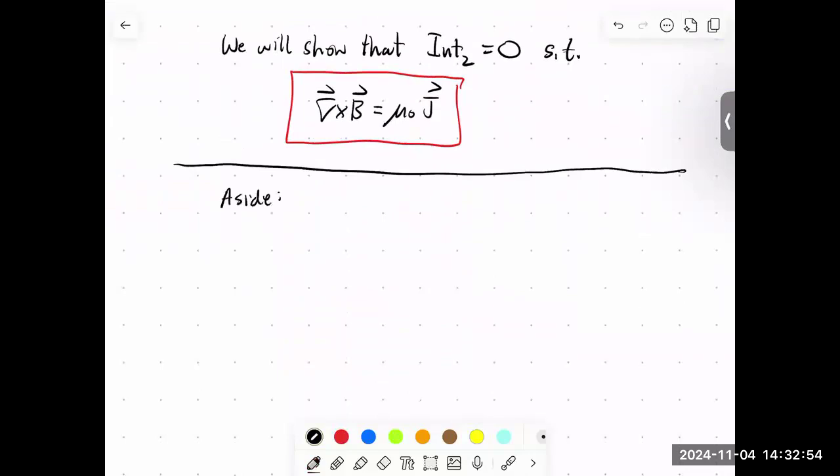Aside. I want to consider the derivative d by dx of f of u, where u is x minus x prime. Now, if I want to take this derivative, what do I have to do? The u is a function, so I have some function of u, and u is a function of x.